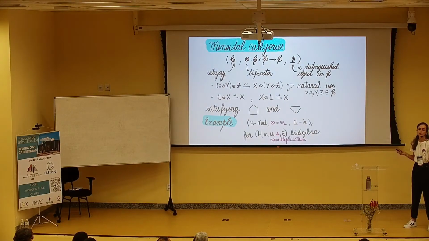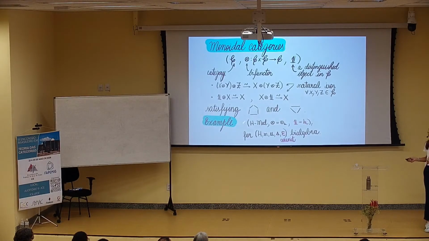So you do some diagonal and then act. And for giving the unit K a structure of H-module, you need this co-unit. So that's why I need a bialgebra to have this monoidal category. In particular, if H is the field, you have a vector space, right? So this is my favorite example because I have results.